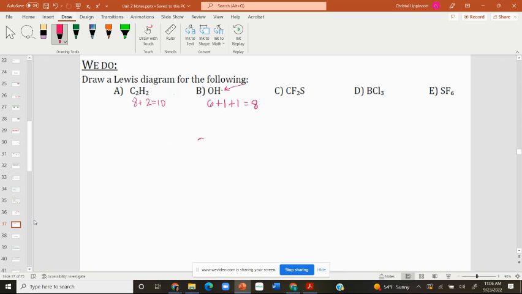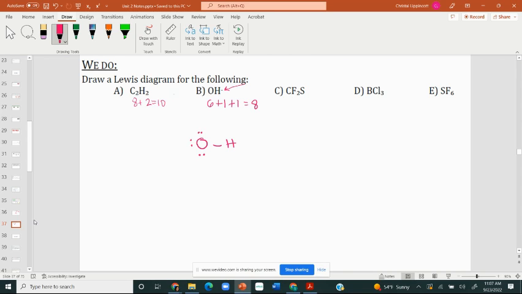All right, I'm going to draw my oxygen. I'm going to draw my hydrogen on it. Hydrogen cannot double bond, so you have to do the 6 on the little dude. So that's my 8 electrons.